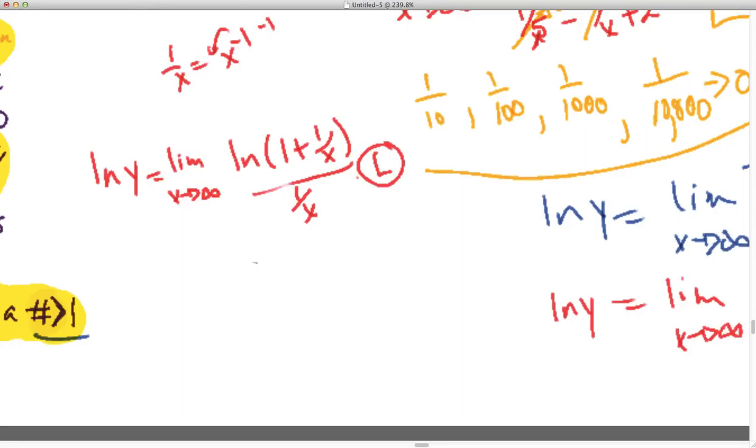So that'd be a negative 1 x to the negative 2 over the entire box. When I say box, I mean this thing right here, the argument of the log.